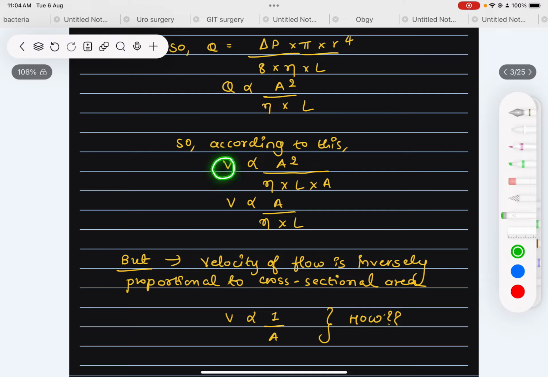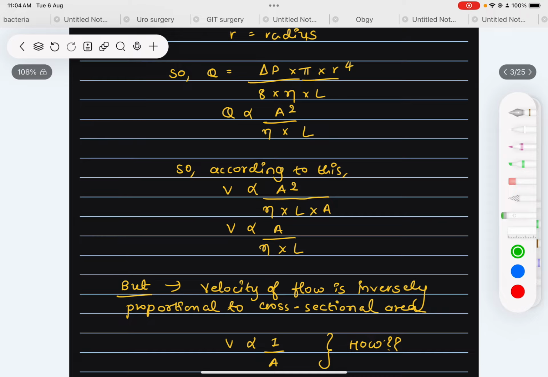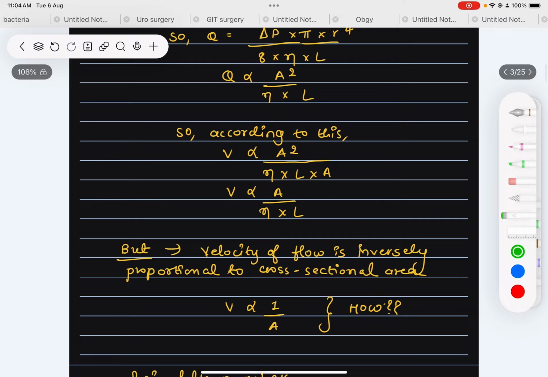Now if we see the velocity, here it was flow, but now here it is velocity. So we have to divide by the area, because we know that velocity is equal to blood flow upon area.